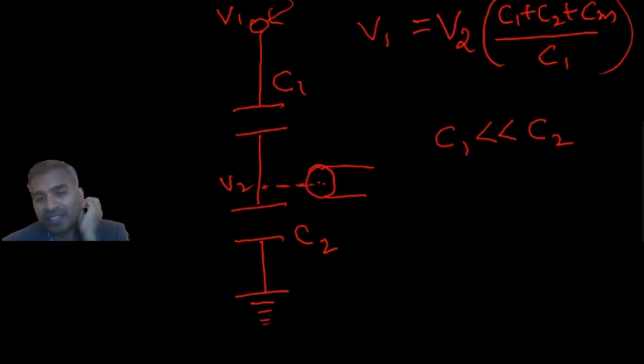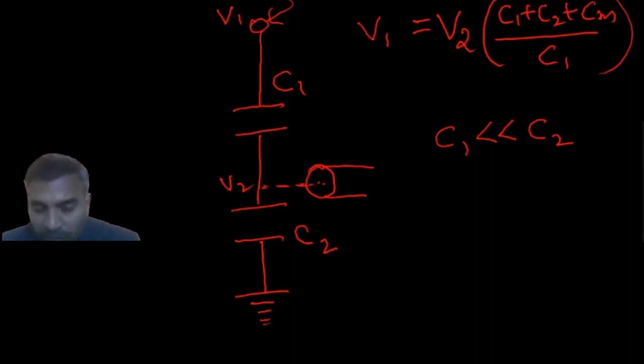See, if you get voltage V2 approximately equal to V1, as someone said, then you are inviting high voltage to the measuring device. V1 and V2 should never be equal. The measuring voltage V2 should be very much smaller compared to the high voltage. Then only you can measure safely.